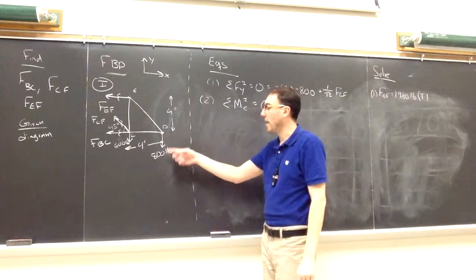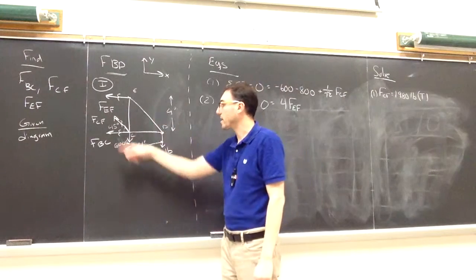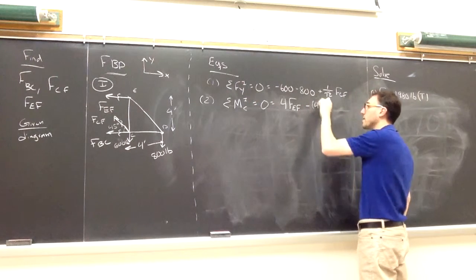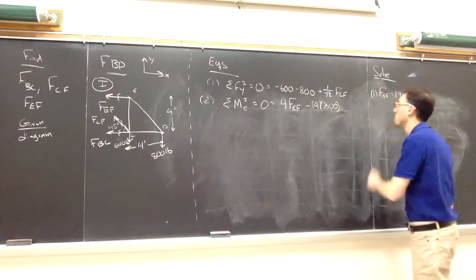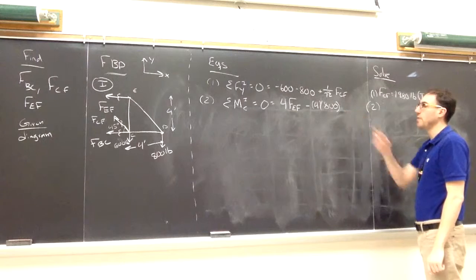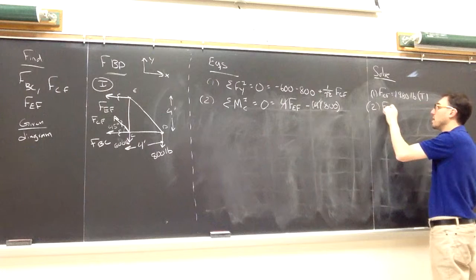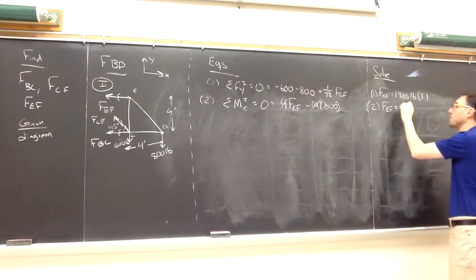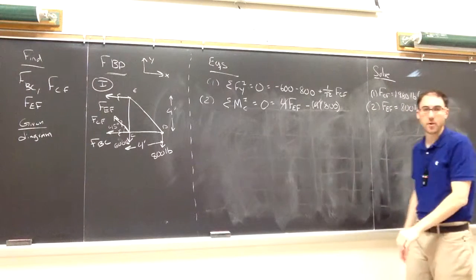And the 800 pounds is 4 feet away from C, creating a clockwise moment around C. So I'll have a minus 4 times 800. From equation 2, FEF is the only thing I don't know. Actually, I can cancel out these 4s. So FEF, I should get positive 800 pounds, and that too is going to be in tension.